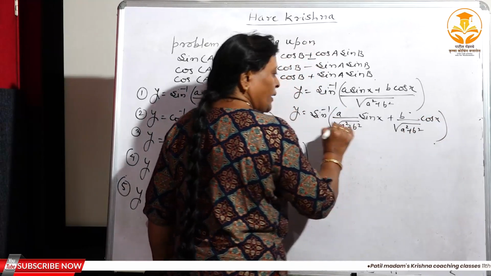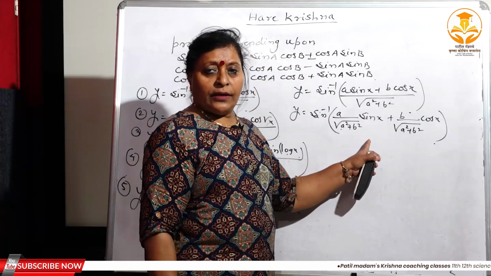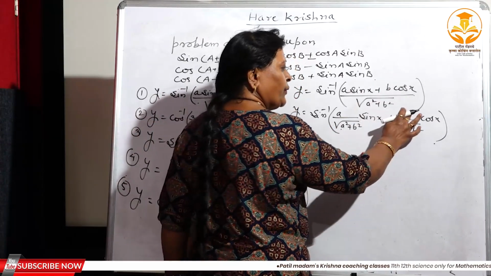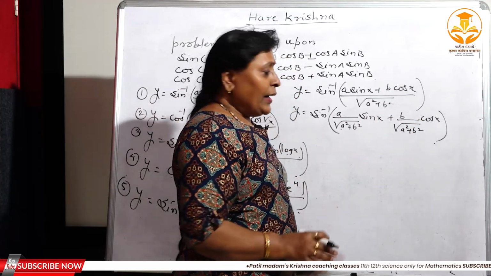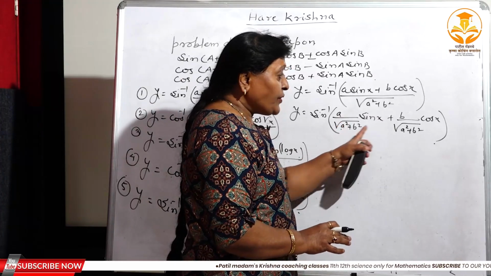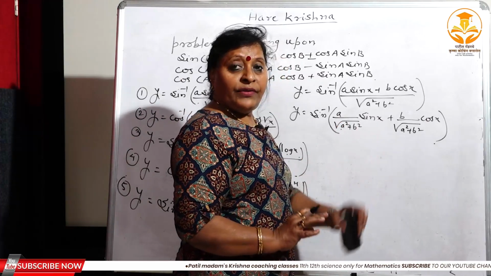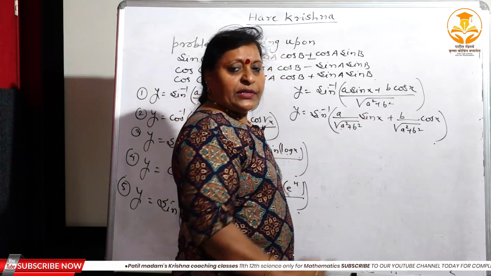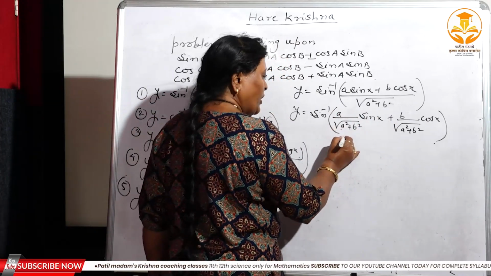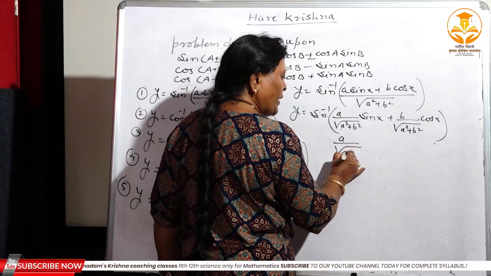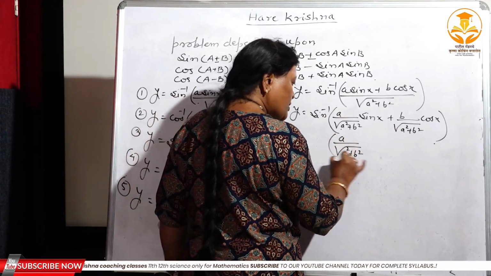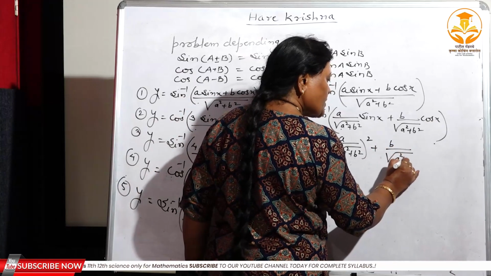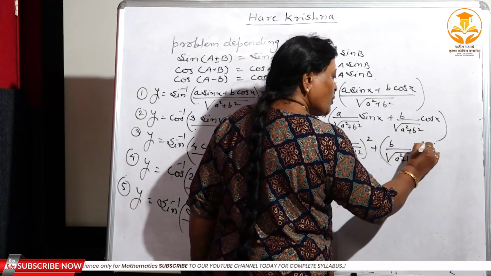Now see, whenever you separate the constants, the sum of the squares of these two terms is always equal to 1. See, how will you get 1? A divided by root of A square plus B square, whole square, plus B divided by root of A square plus B square, whole square, is always equal to 1.